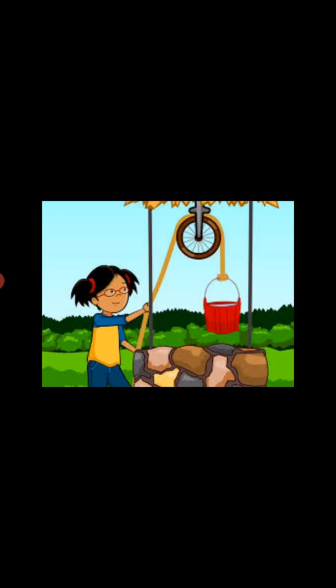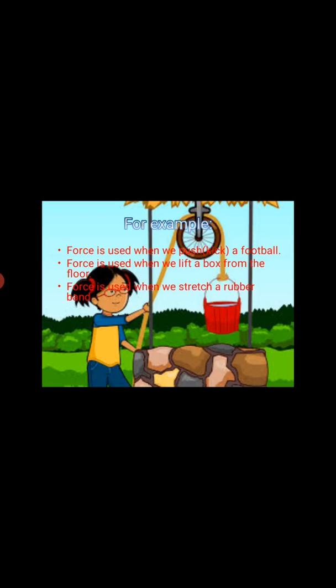Let's take another examples. Force is used when we push or kick a football. Force is used when we lift a box from the floor. Also, force is used when we stretch a rubber band.